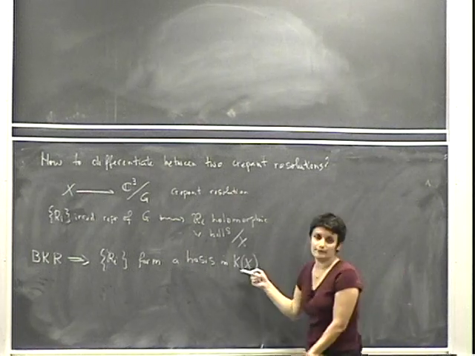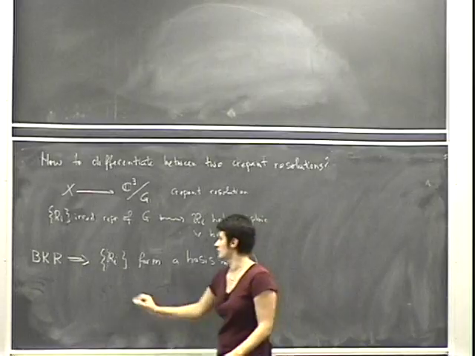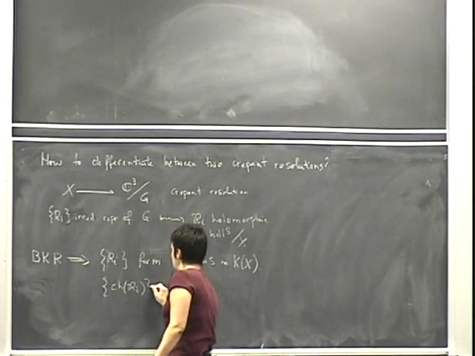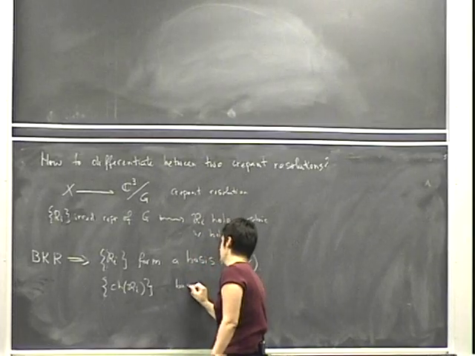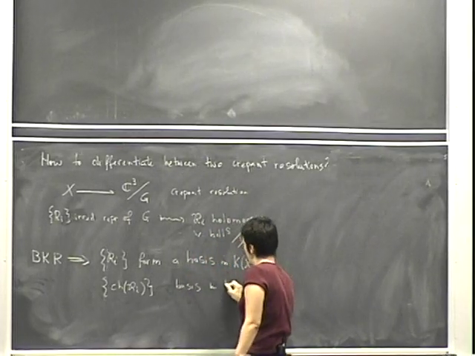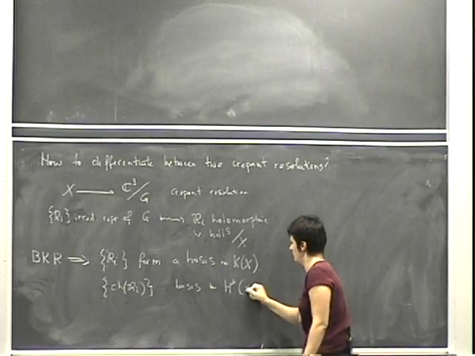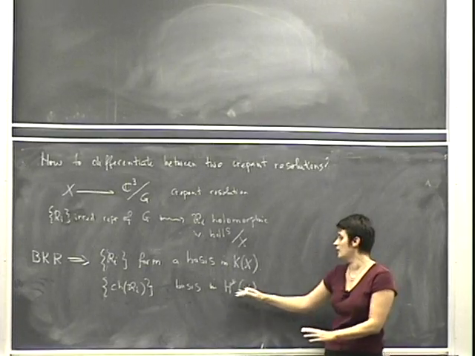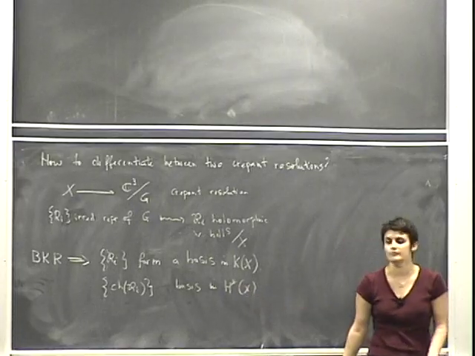Then, by taking the Chern character, you'll get a basis in H^*(X). You still don't know how this distributes on different pieces of H^*(X), but they will give you a basis.